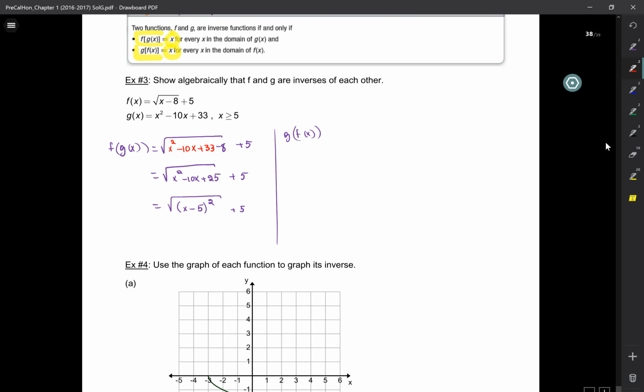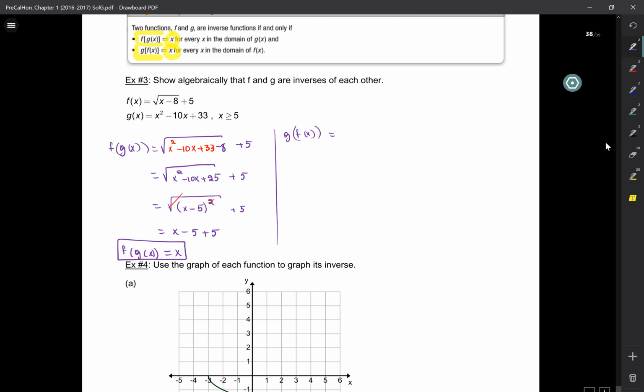Well, what happens to the square and the square root? They magically go away. So I've got x minus 5 plus 5, and finally, f of g of x is just x.